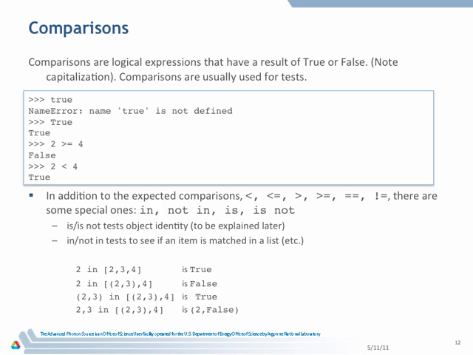And the first thing I just want to remind you is that true is true only if it's capitalized. Okay. So if we say, is 2 greater than or equal to 4, that test evaluates as false. Is 2 less than or equal to 4, that evaluates as true.